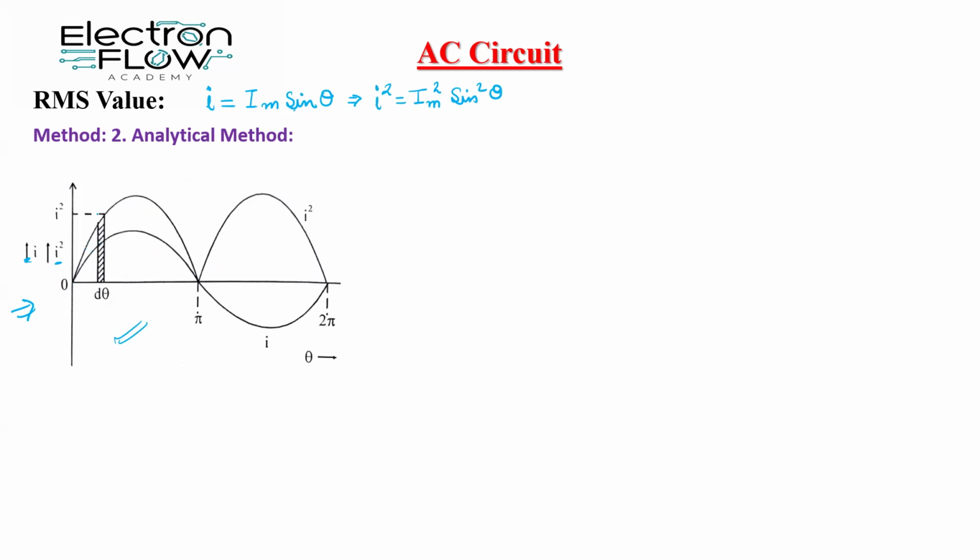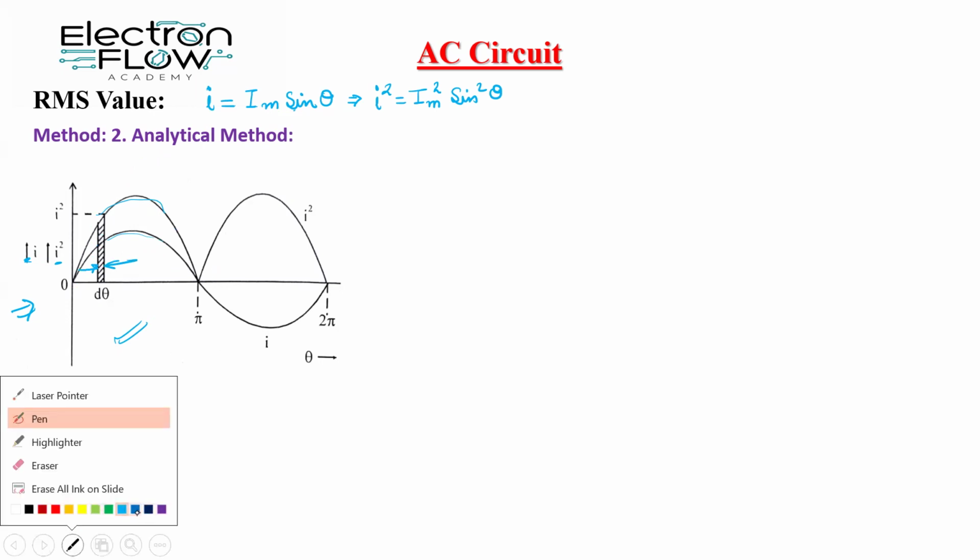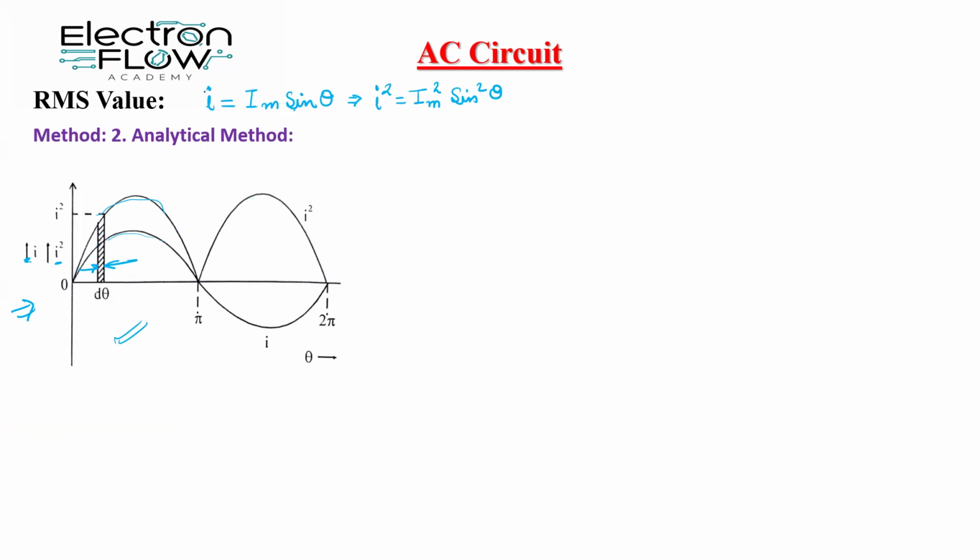This is the i square waveform, and this is the waveform of i. Next, let us consider an elementary strip of thickness d theta on the i square waveform, and let the ordinate, or the instantaneous magnitude of this strip, be i square.